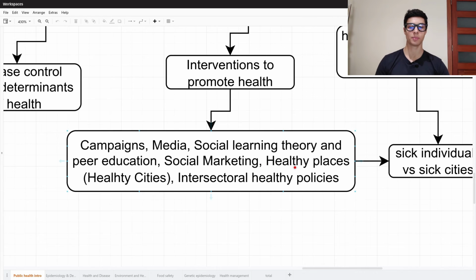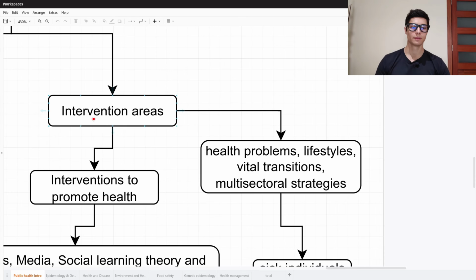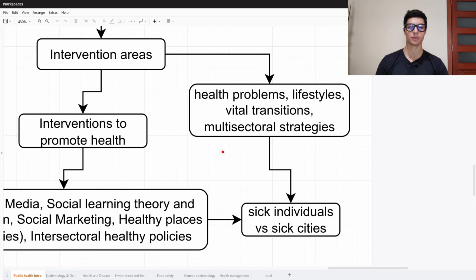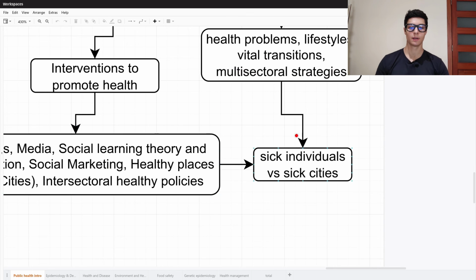Then we talk about healthy places, and here comes the concept of healthy cities, and of course intersectoral healthy policies, just to promote health on every part of society. The intervention areas focus on health problems, the lifestyles, vital transitions, for example, when we go from being a child to a teen and then to an adult, and of course apply multi-sectoral strategies, as I said here.